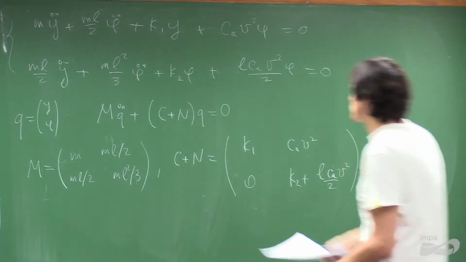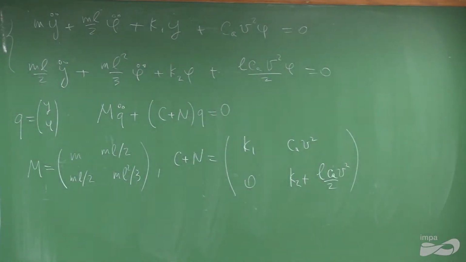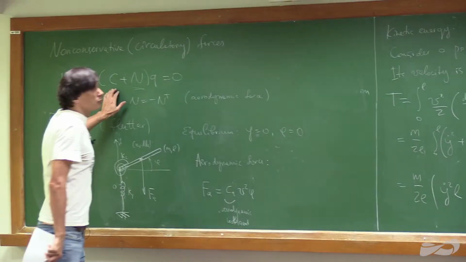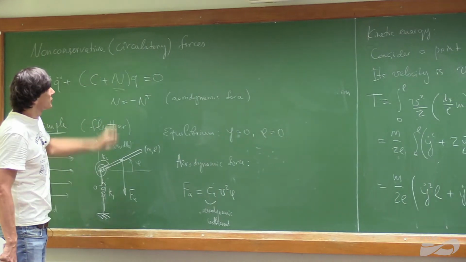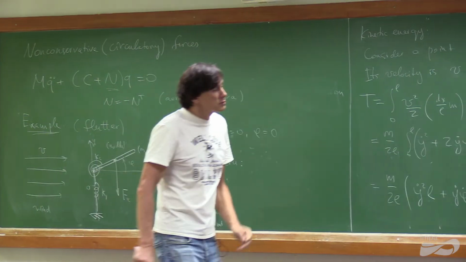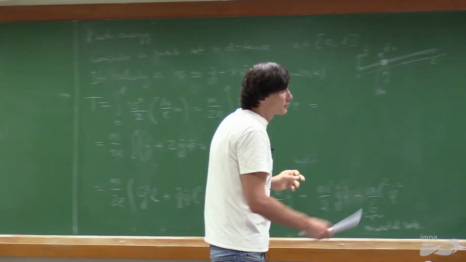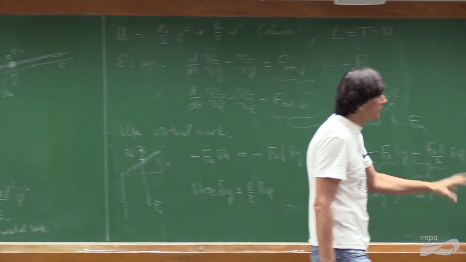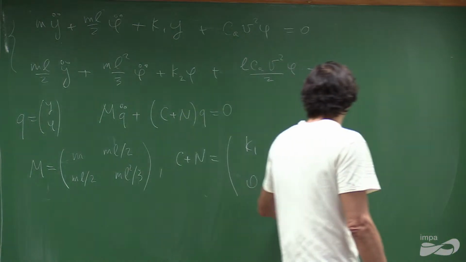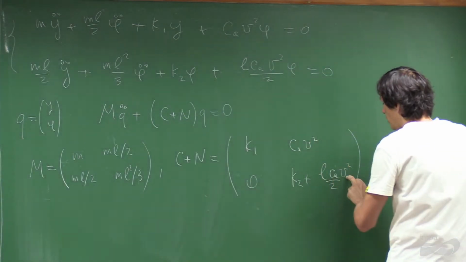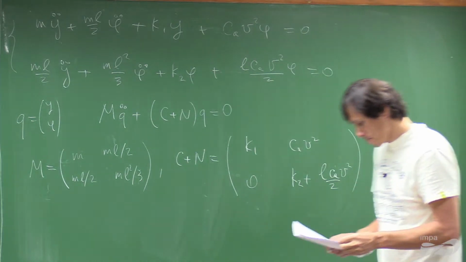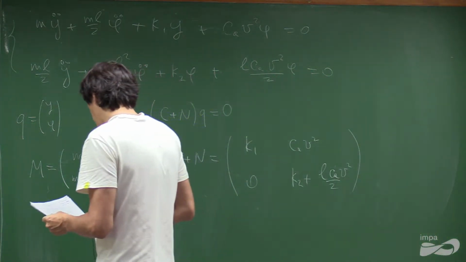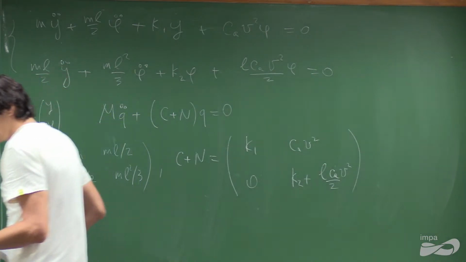So as promised, we are in the form that we wanted to have. So this is exactly this equation of motion. So the aerodynamic force gives us this antisymmetric component to the force. Because the matrix is not symmetric, there will be a symmetric part and an antisymmetric part. And the antisymmetric part will be exactly because we have a wind. So the next point is to find eigenvalues.